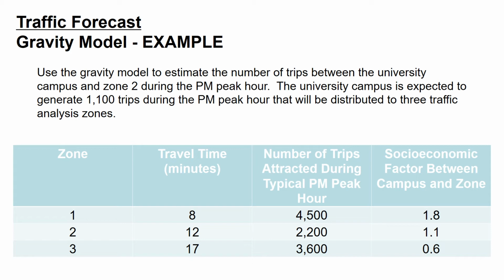The higher that factor is, that's telling us there's a strong relationship between these two zones, campus and the zone, and that there's housing opportunities there, or there's attractions that they would want to travel to. And the lower values represent lower likelihood or lower relationship between the campus and that zone.